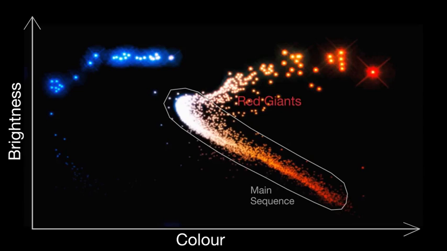Over here we see the bright blue branch stars, and there are also some low luminosity blue dwarf stars down here. So the Hertzsprung-Russell diagram is evidence that stars are changing and evolving, and the different groups that you can see in the diagram are stars that are experiencing different physical processes going on inside them.